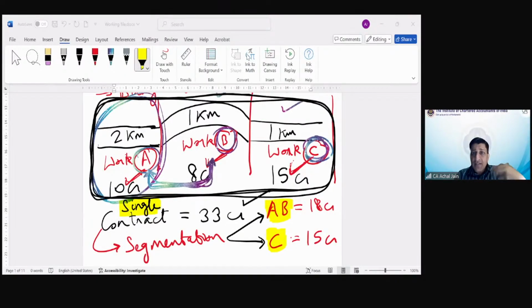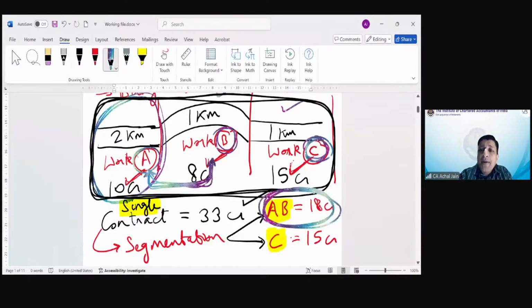I think we have already discussed this, but still, let me just understand. Okay, great. So Hardik is saying percentage of the work completion. Very good. So now you have a contract for 18 crore on which one part is completed.